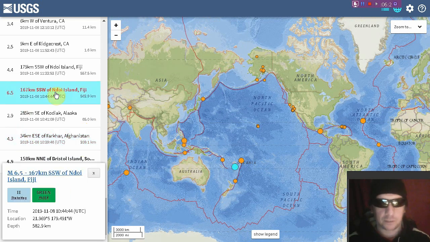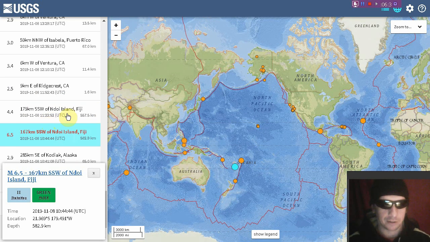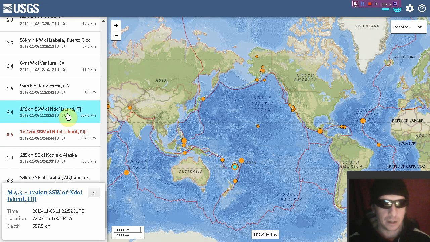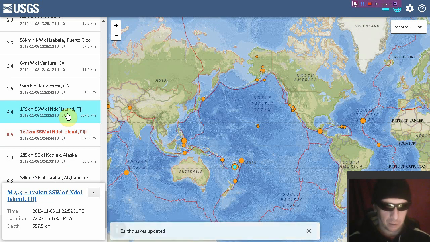Here's that 6.5 at Fiji, 582 kilometers depth. Heads up Oceania, places like Fiji, New Zealand, Tonga, and Samoa for a larger quake at the surface there. Here's an aftershock at nearly the same depth, but a slightly lower magnitude.